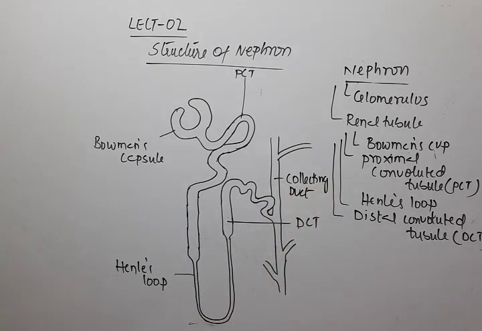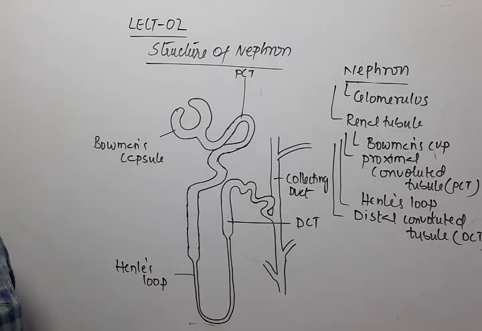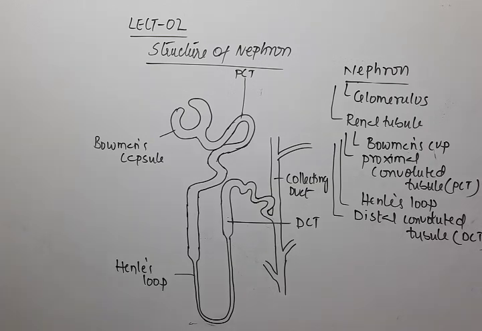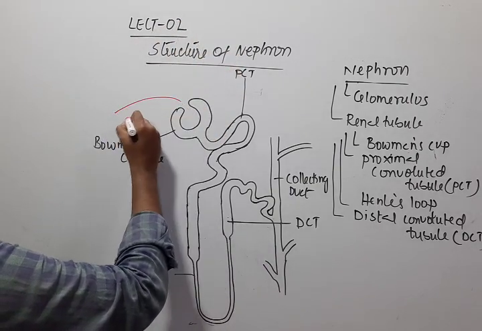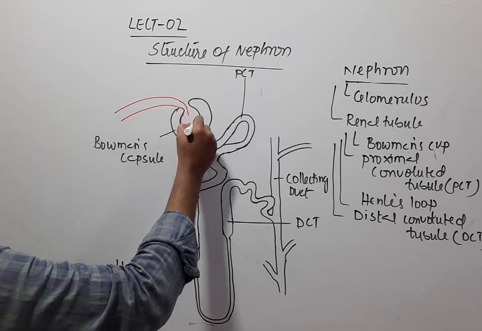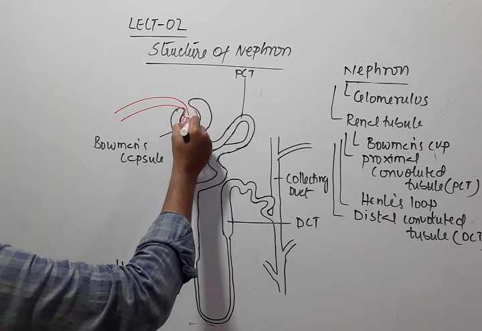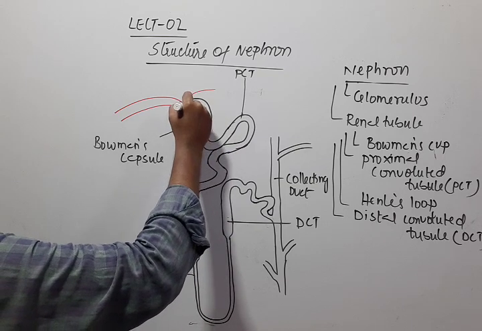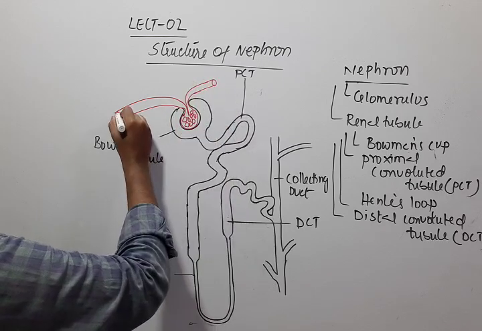So here I told you that the renal artery, after entering into the kidney, will divide and result in the formation of many arterioles, and one such arteriole enters into the Bowman's cup, and here it will divide to form a lot of capillaries, and then it comes out as the efferent arteriole.